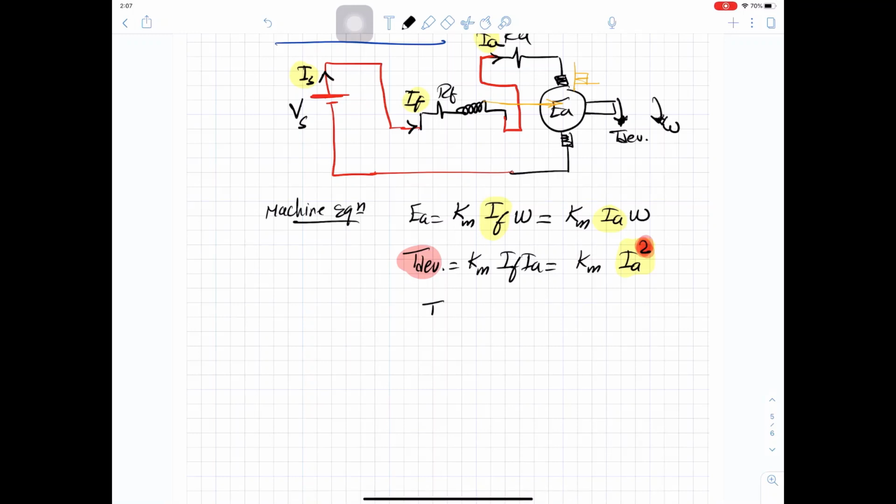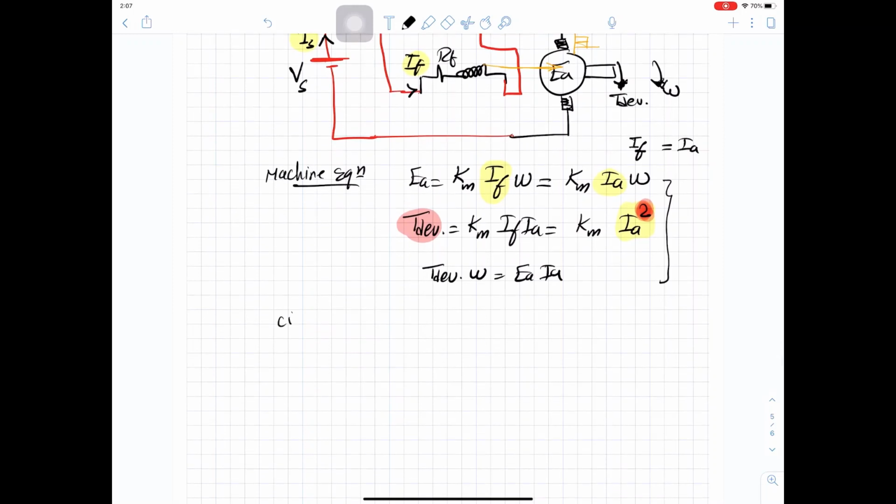And the last equation is T developed omega equal to EA IA. So the only change in the machine equations is we use the fact that IF equals IA due to the series connection we have.